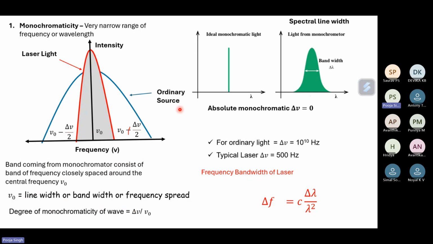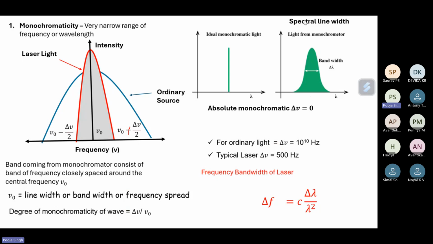As I told you, you have an ideal monochromatic light, right? So for ideal monochromatic light, the range of the frequency will be 0. So what do you do to calculate the degree of monochromaticity? Delta nu is equal to 0. Here you will put 0. So the degree of monochromaticity will be 0 for ideal monochromatic light.